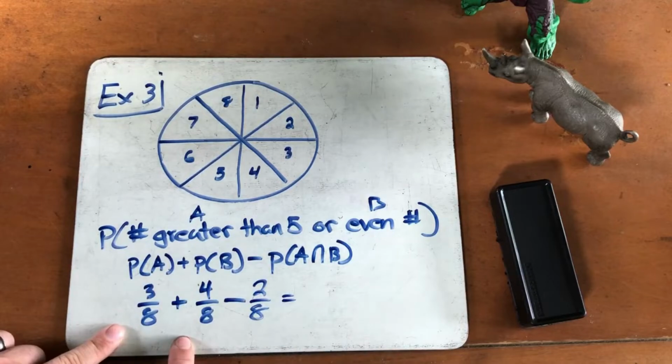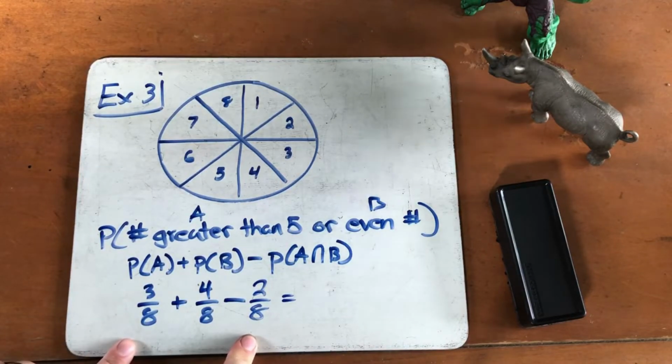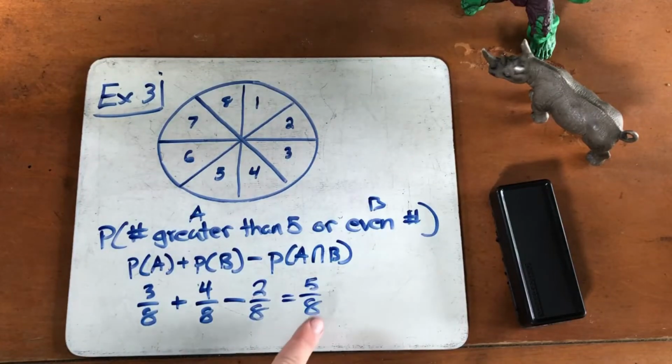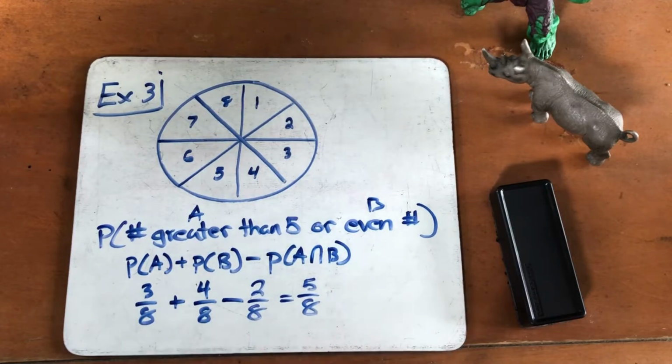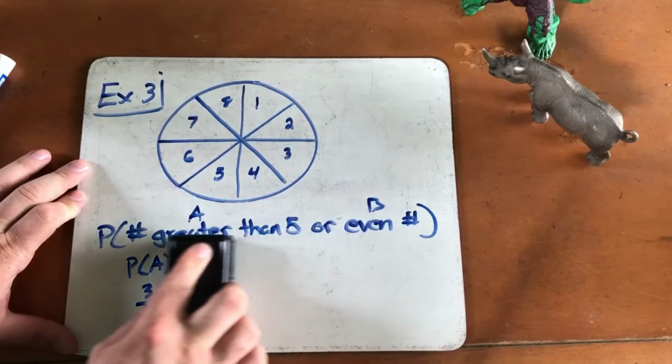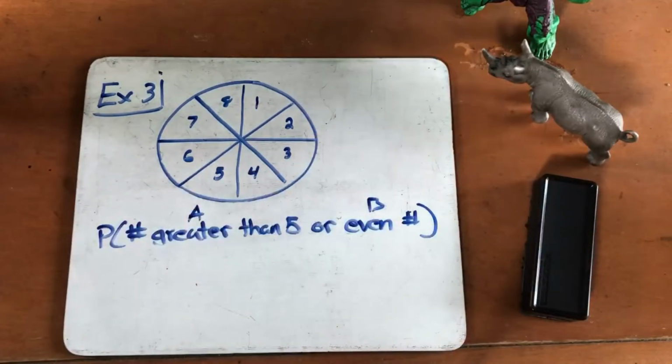When I add these together, then subtract the intersection, I end up with 5 over 8. So the probability of spinning and getting either a number that is greater than 5 or an even number is 5/8.